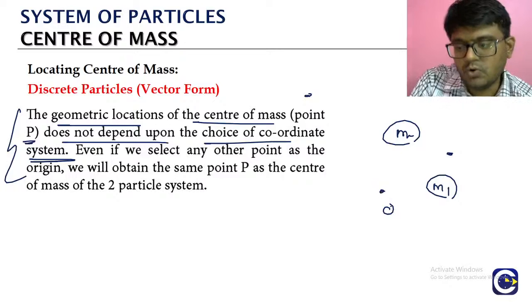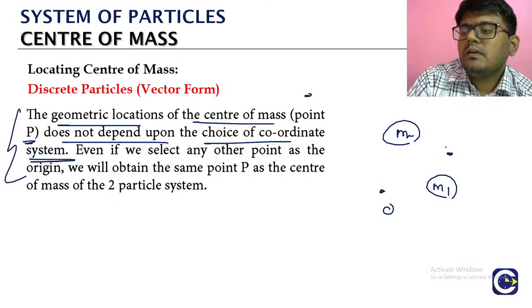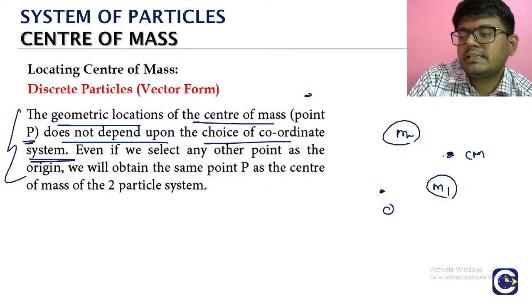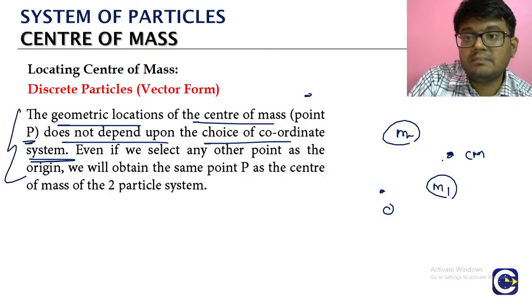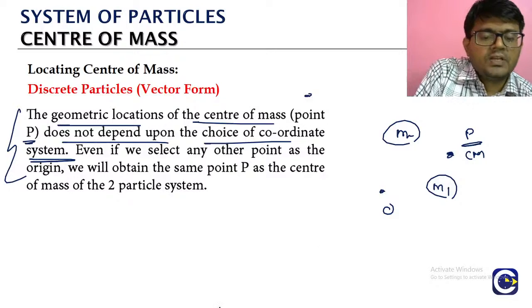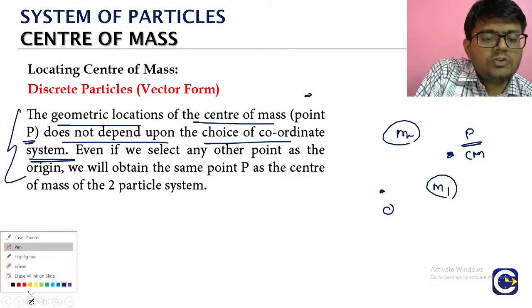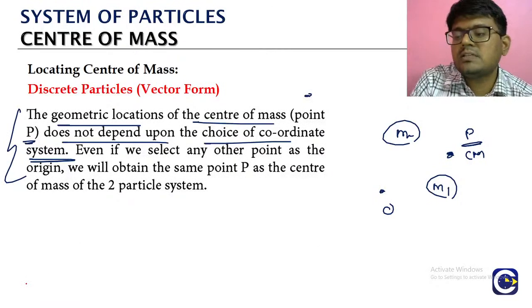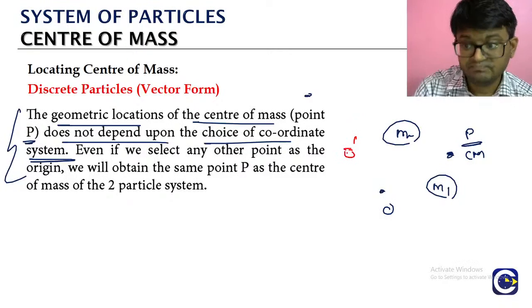This is our origin O. We are getting the center of mass location like this here. I'm just giving some example. This is the point P, the center of mass. Now if you change the origin from here to a different point, let's say O dash.